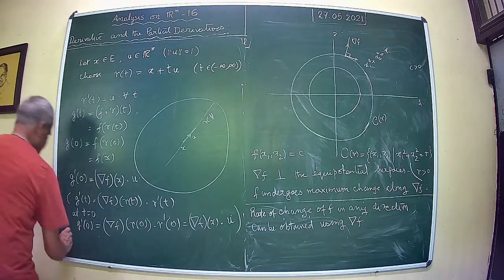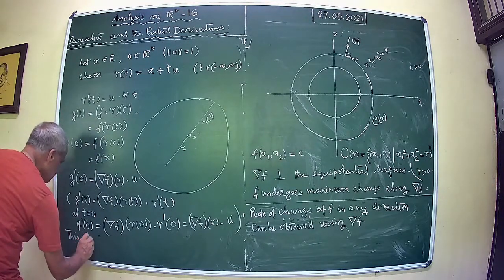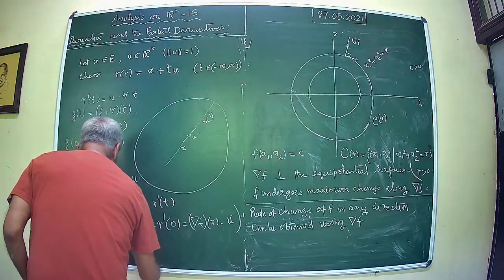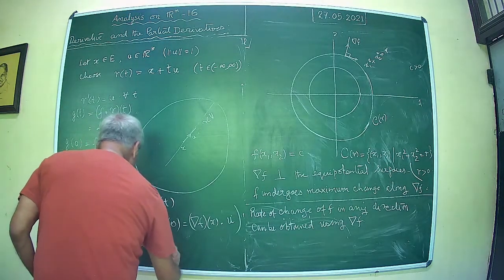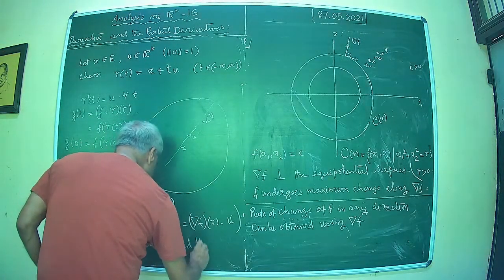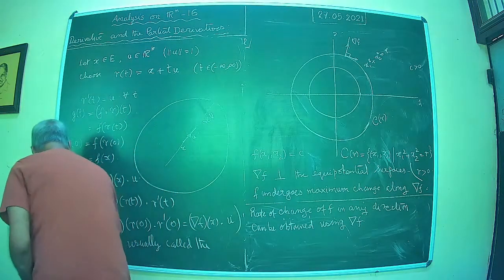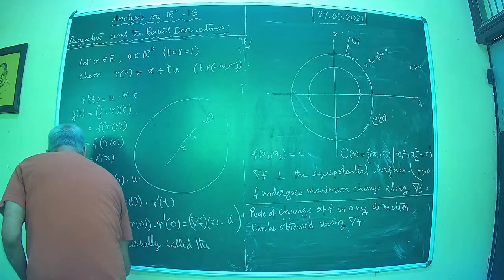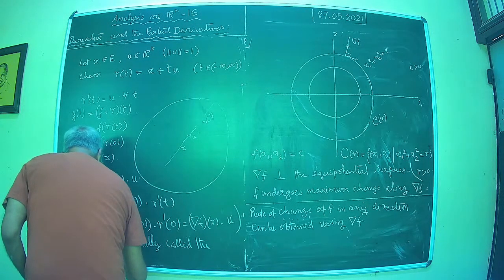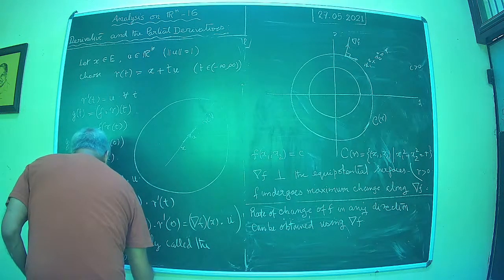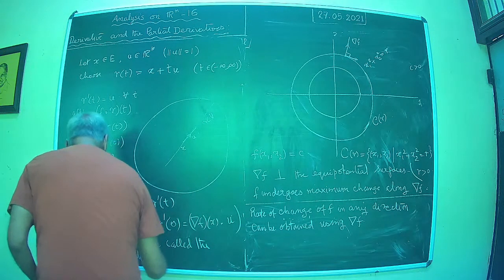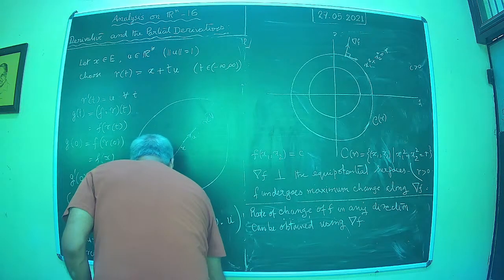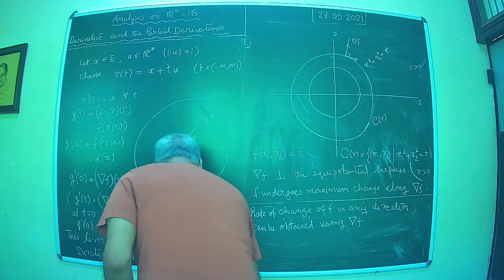This limit is usually called the directional derivative of f along u at x.